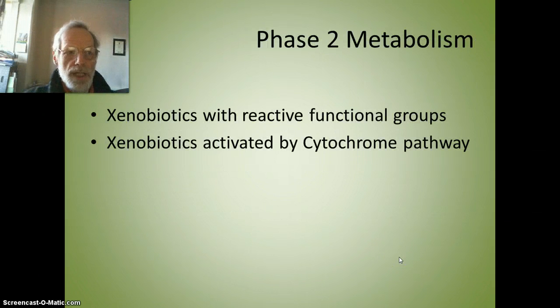Some xenobiotics have reactive functional groups already, and so are metabolized directly by the phase 2 mechanisms. Otherwise, phase 2 metabolism works with substrates which have already been activated by the cytochrome pathway.